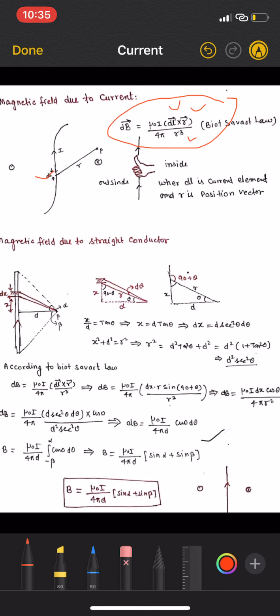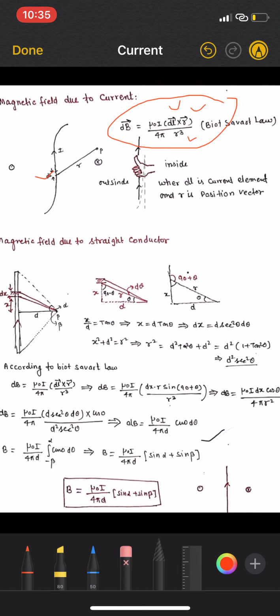Let's say this is one straight wire. If you hold this wire, your thumb should be in the direction of the current, and the complete hand should be in front of you like this. The thumb is straight, indicating the current in the wire. If you curl your fingers, the finger direction is the direction of the magnetic field.